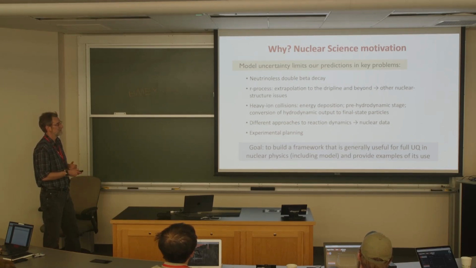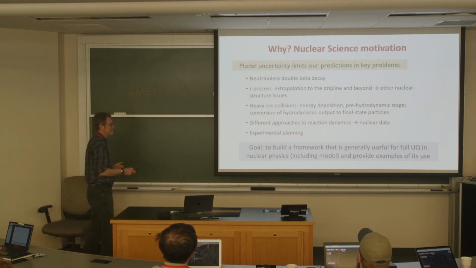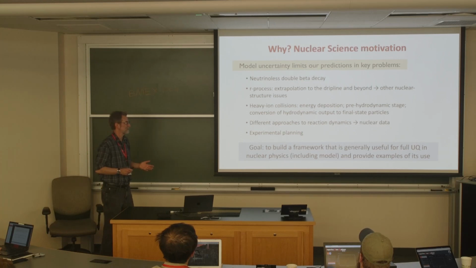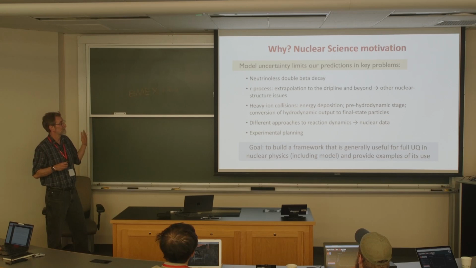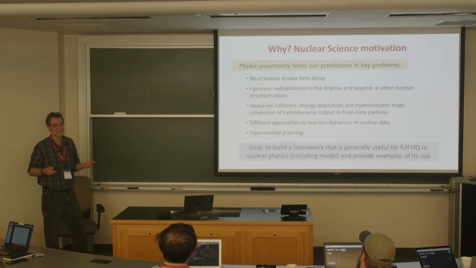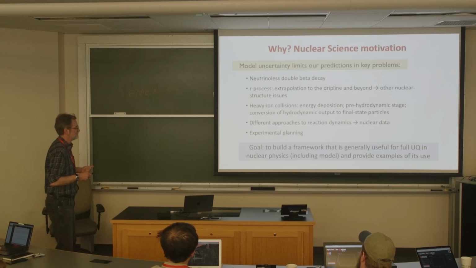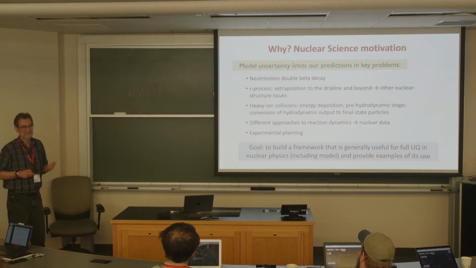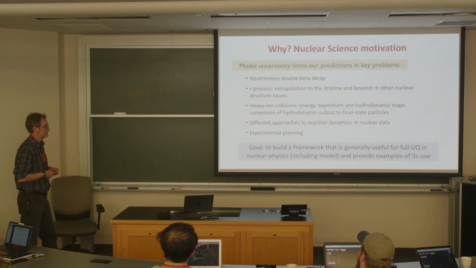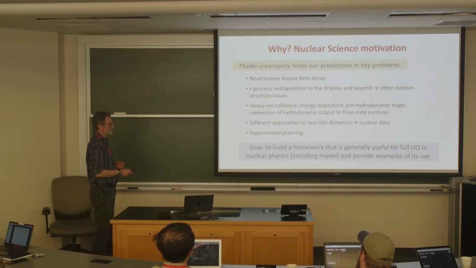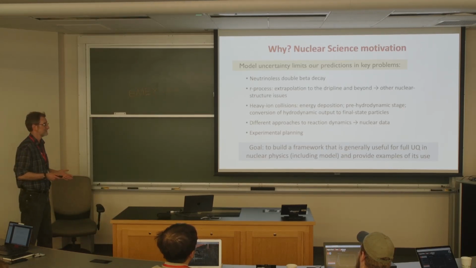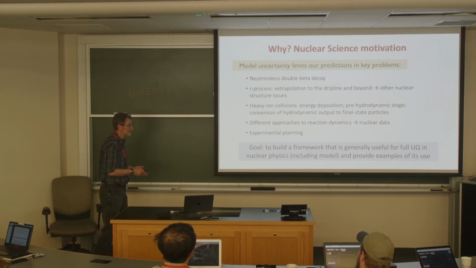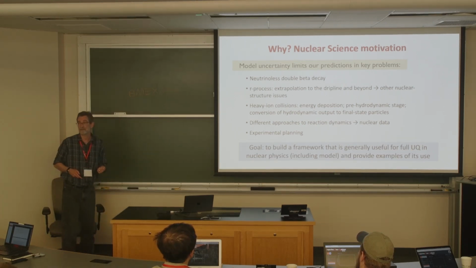Many of you would be involved in reactions and determining nuclear data, and maybe everybody, whether you're a theorist or an experimentalist, should be conscious of the need to have uncertainty quantification for planning experiments. Okay? Experiments are expensive, we pay for them, other people pay for them, we have to make them as effective as possible. So one way to say the goal is to build a framework that's generally useful to do all aspects of the uncertainty quantification in nuclear physics, including the model uncertainties, and provide examples of its use.